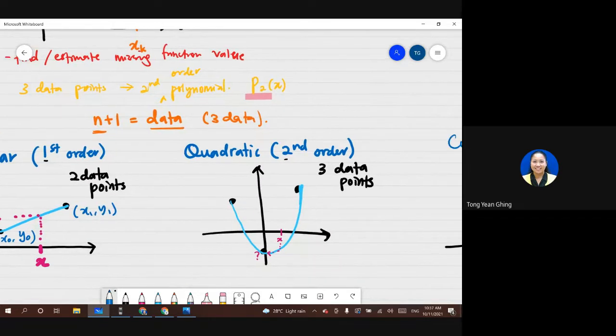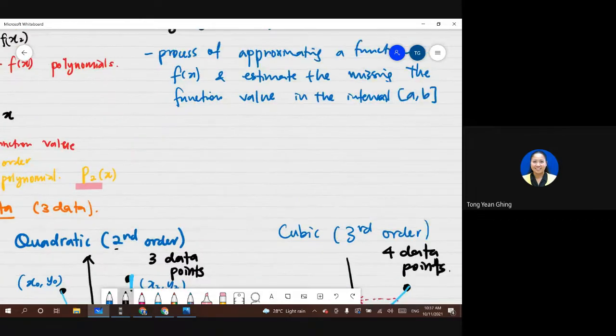And here we have 3 points, that means x0, y0, x1, y1, this one x2, y2, and so on. Let's say we have the values starting from x0, y0, x1, y1, until xn, yn.